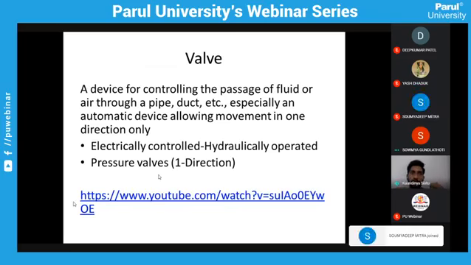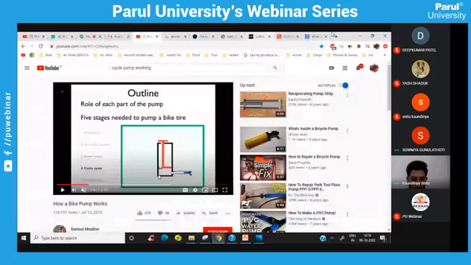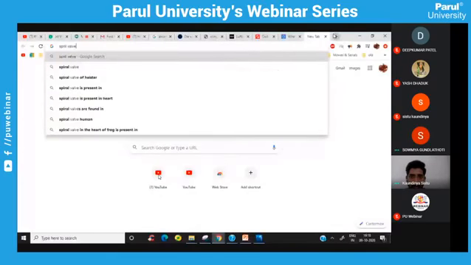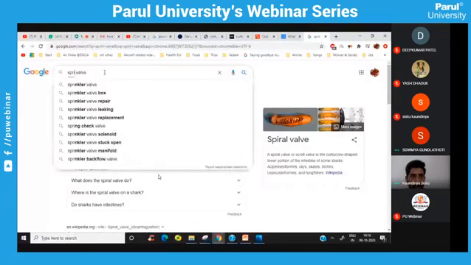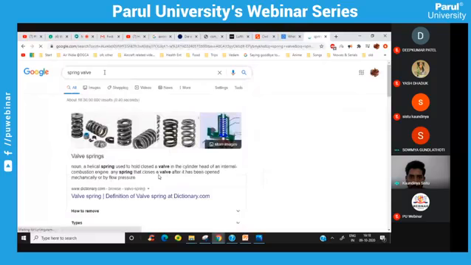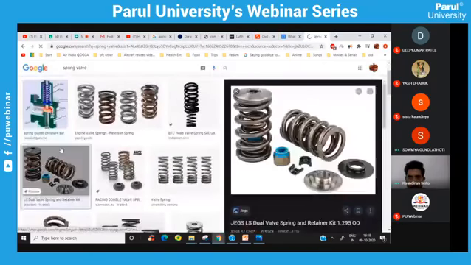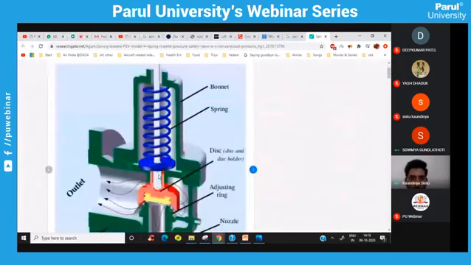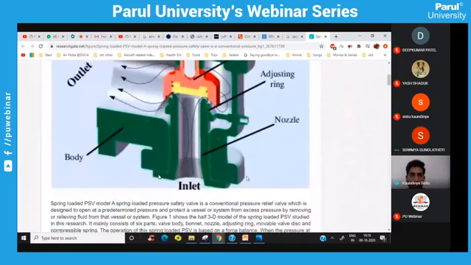Okay, assume a spring. Yeah, this is the better diagram, I think. If you can see, for example, flow is coming from the bottom.